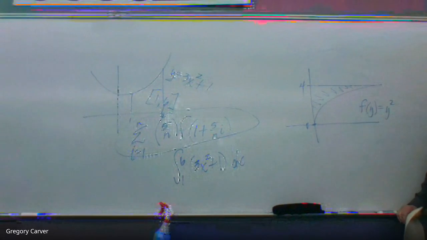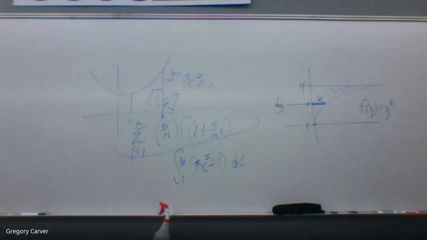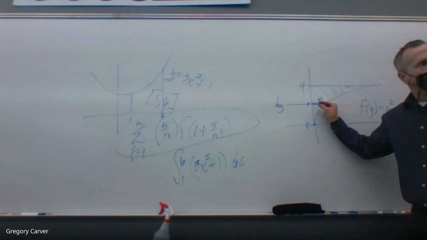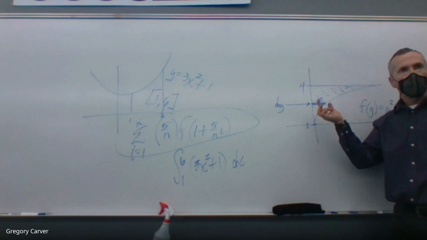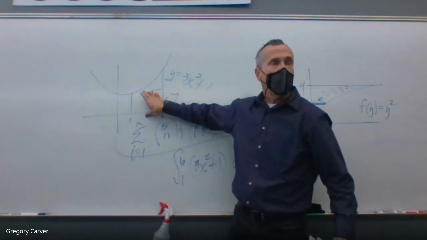Would you guys agree, to find that area I'm summing together millions of those rectangles right there? Isn't this distance from here to here x? And is that dimension right there now dy instead of dx? A tiny little movement along the y, that's x, as opposed to a tiny little movement along the x, and that's y.